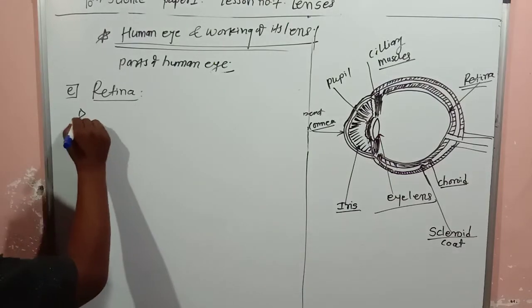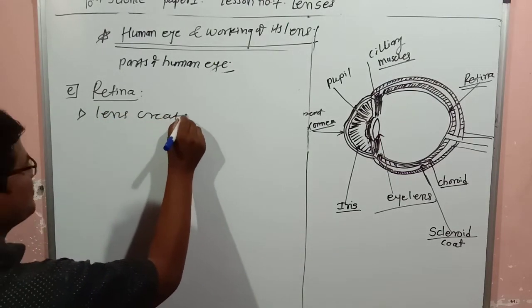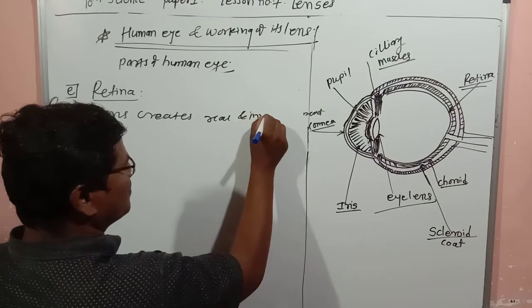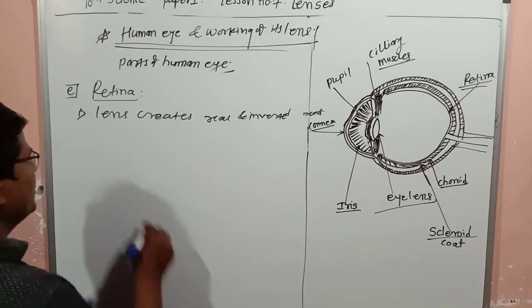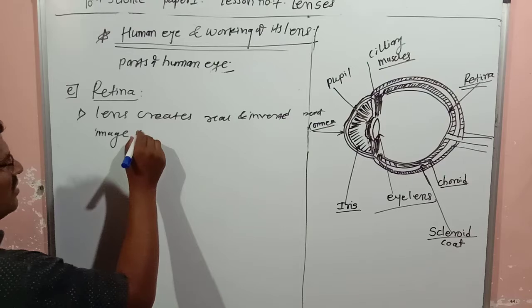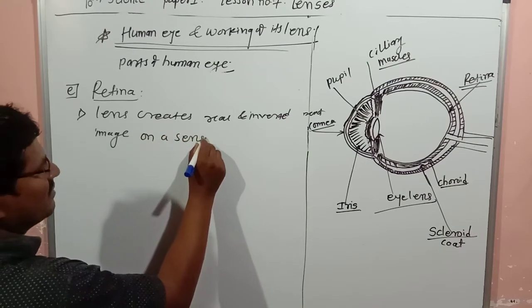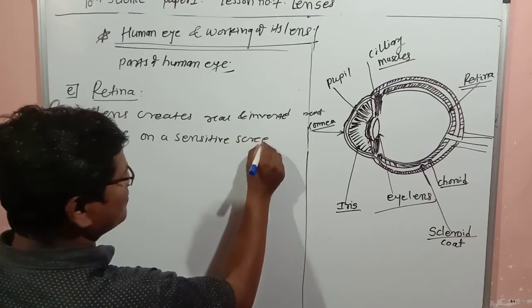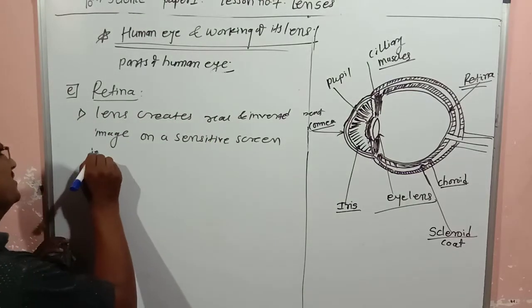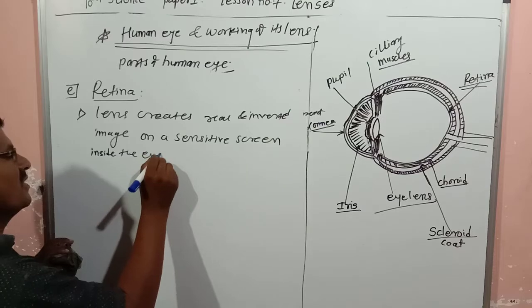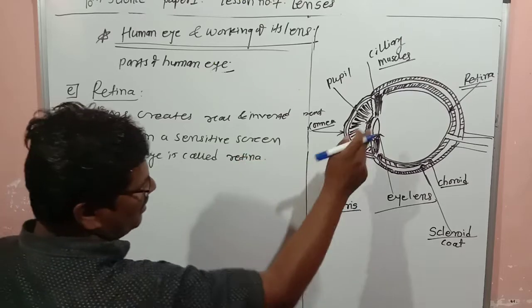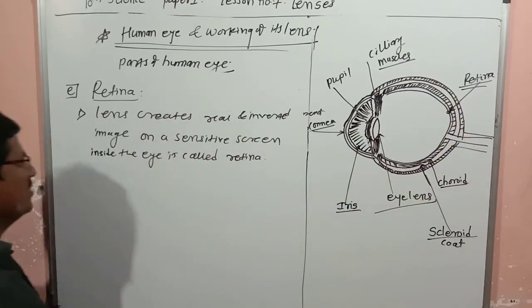So first point, the lens creates a real and inverted image on a sensitive screen inside the eye, called the retina.